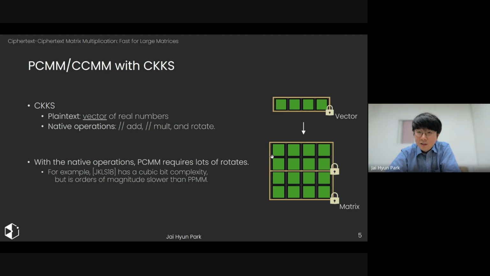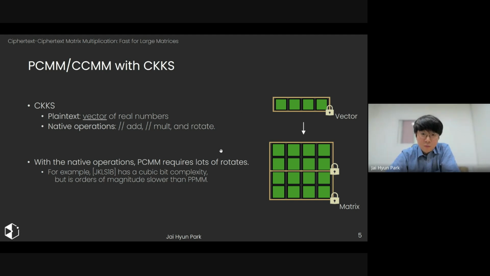During matrix-vector multiplication or matrix multiplication, you need lots of rotations. This is not good because rotation means that we need key switching, and key switching is generally not compatible with other optimizations used for other operations, for example, class libraries. It might be possible, but it is not easy.